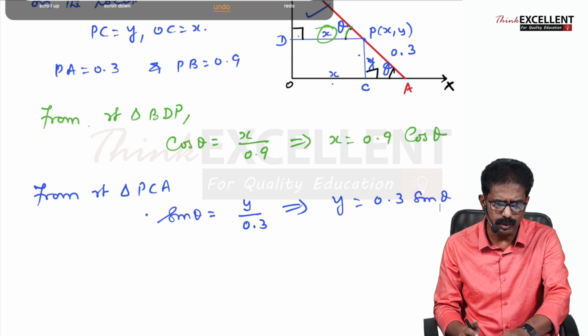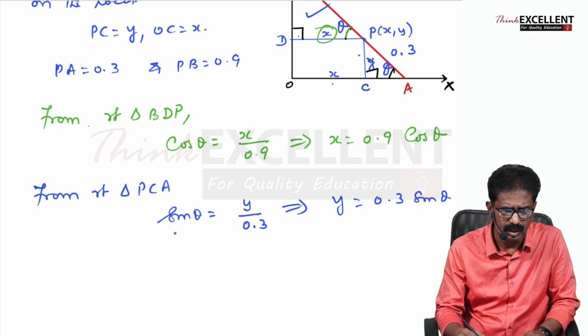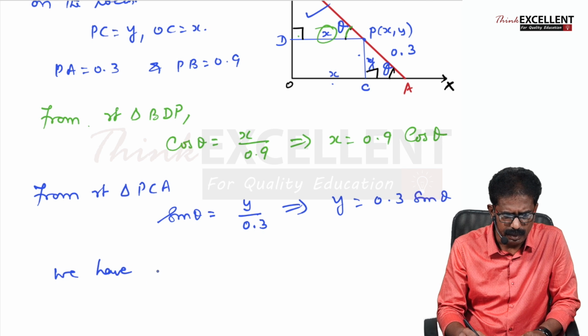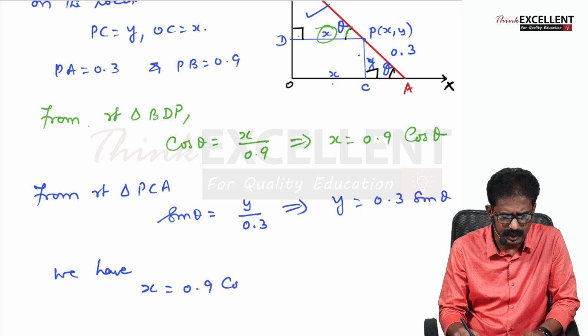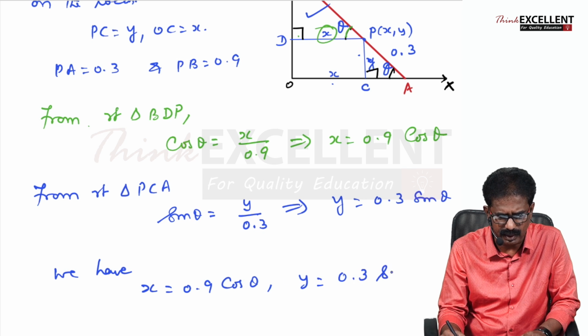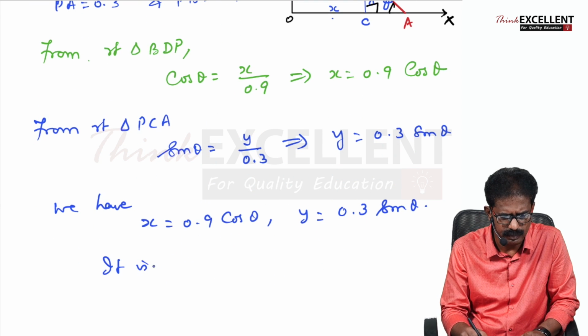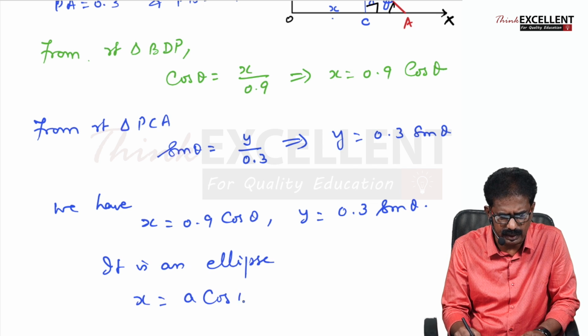Just substitute for sine and cos, you will get the ellipse. Or you can make use of the parametric equations, right? So we have the parametric equations. What are the parametric equations? x equal to 0.9 cos theta and y equal to 0.3 sine theta. So it is an ellipse. We compare with x equal to a cos theta and y equal to b sin theta.